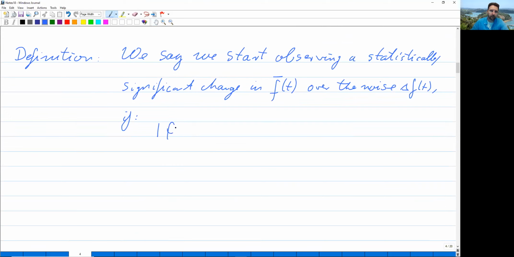the expectation value of f at the later time minus the expectation value of f at the earlier time in absolute value is equal to the average of the change of the average of the standard deviation of f.